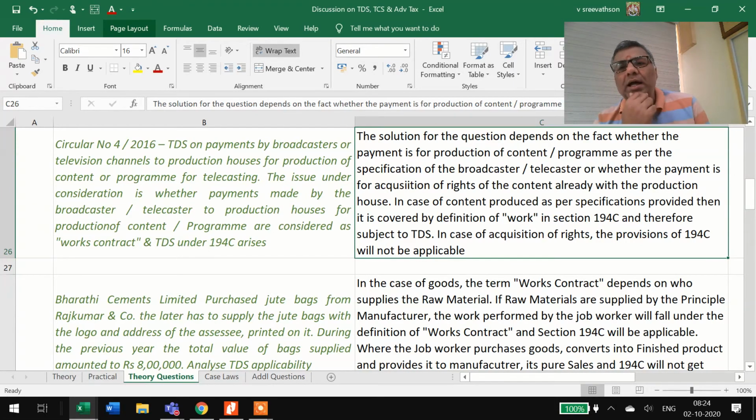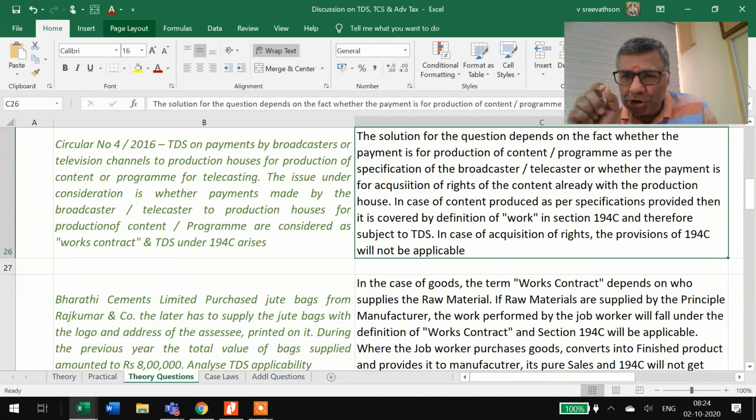Take the Family Man, take the Delhi Crime, take the Panchayat, everything is exclusive. So the broadcaster or the telecaster enjoys an exclusive right; content is produced for them. Part 2, content is there in my shelf, you are taking it.